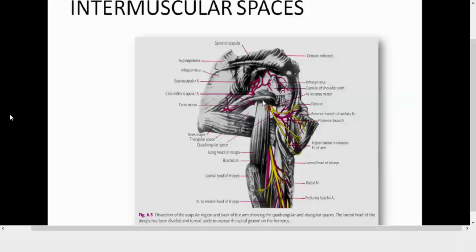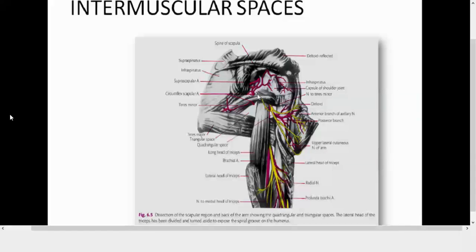Superiorly we have teres minor. Posteriorly, this is the posterior view. If we see from the anterior aspect, which muscle will be forming the superior boundary of this triangular space?